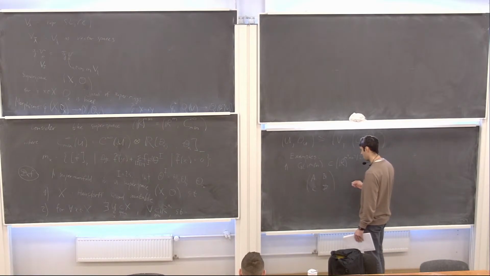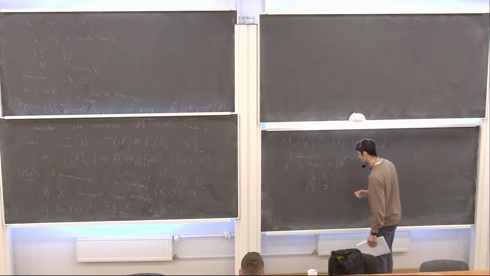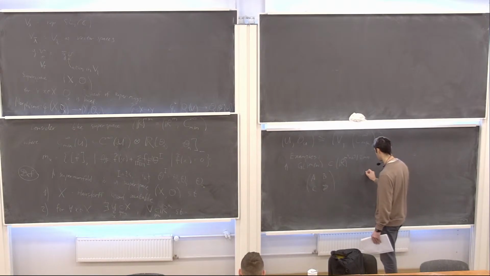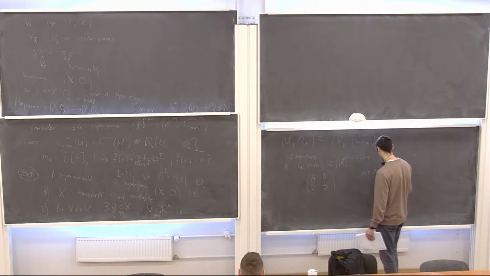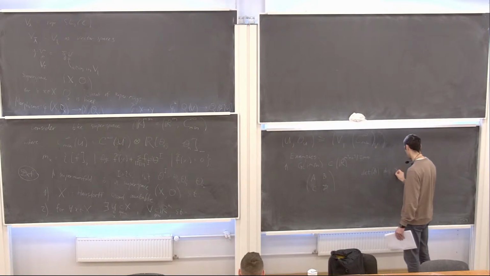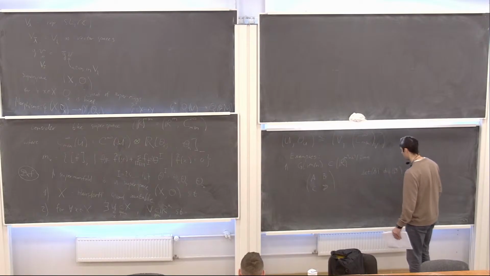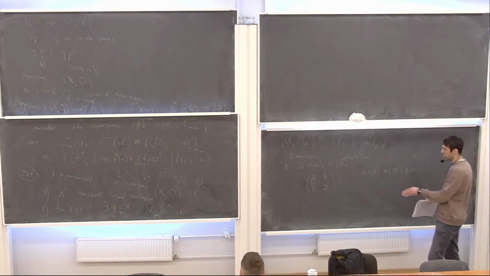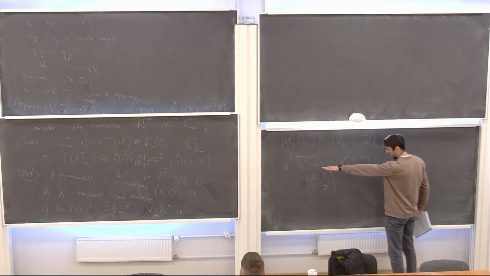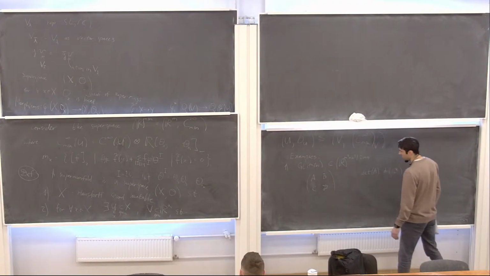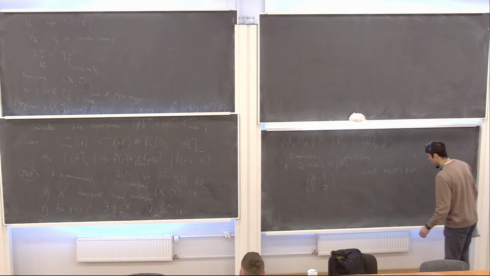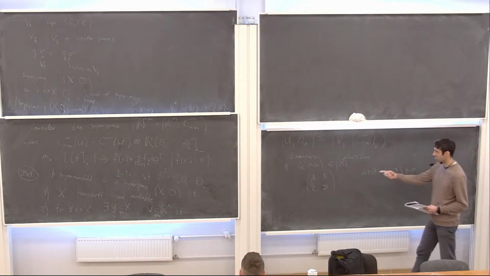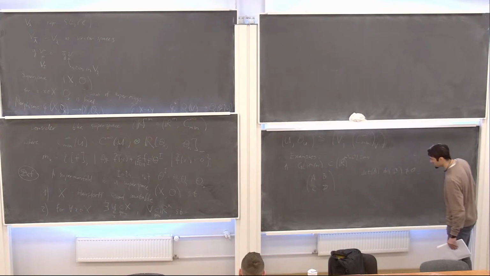Then the open subset inside here that I need is: the determinant of A times the determinant of B is not 0. So this is a supermanifold, and this is an open subset, which is also a supermanifold.